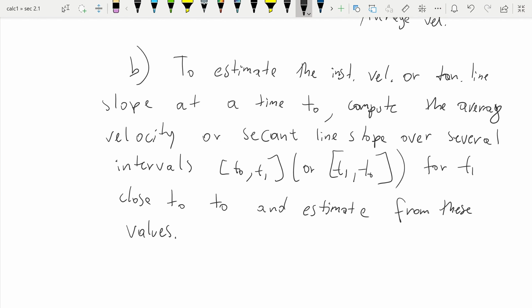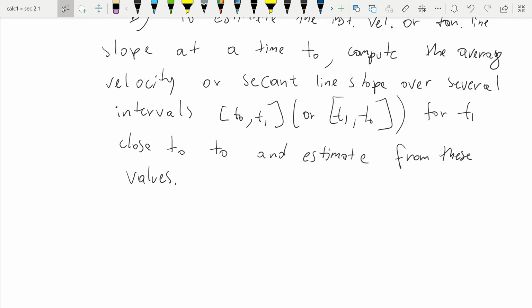Also, this is what we'll do. I mean, we'll do it formally once we introduce the concept of limit; we won't have to do this hand-waving thing.